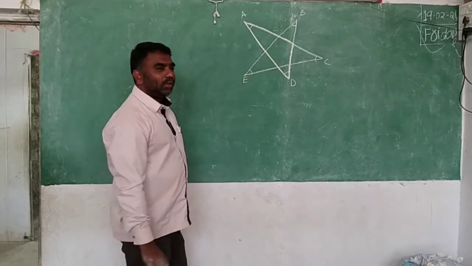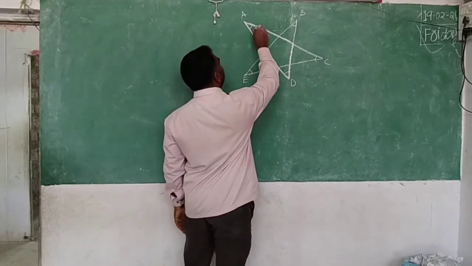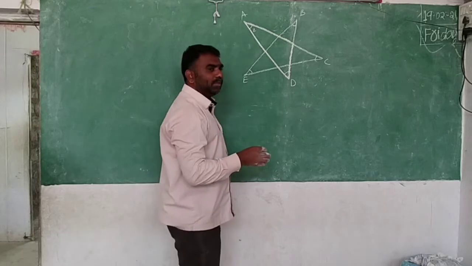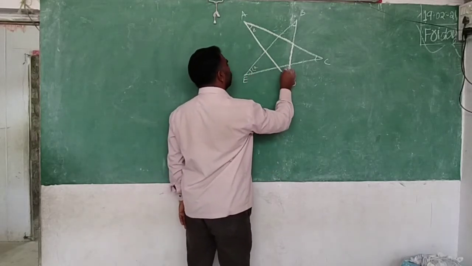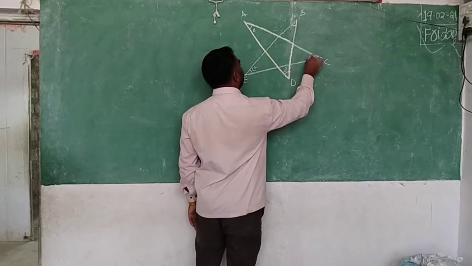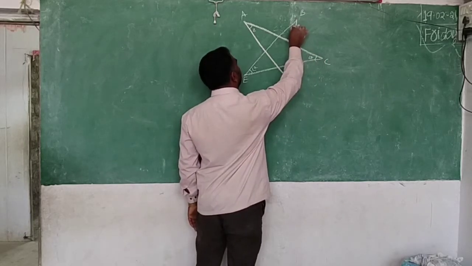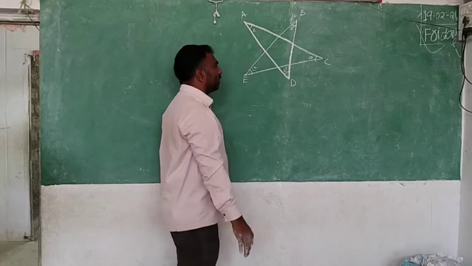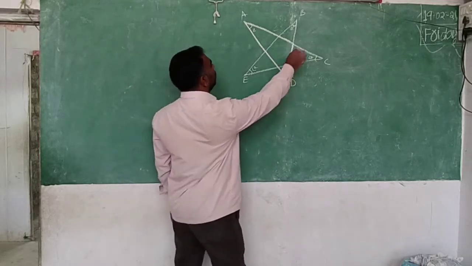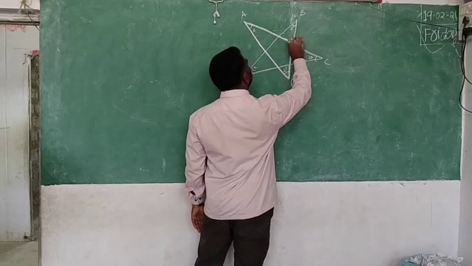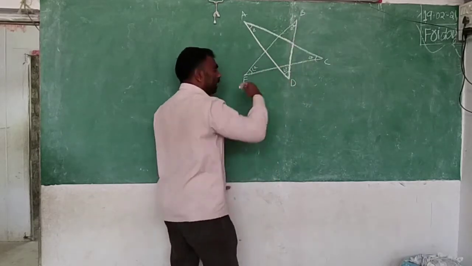Okay, one thing we will do, we are confused, no? This is angle 1, angle 2, angle 3, angle 4, angle 5. Now particularly, 5 angles are there, no?